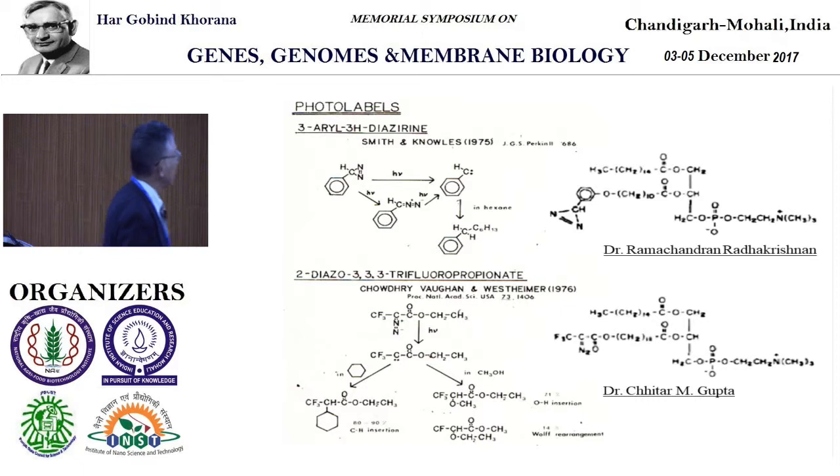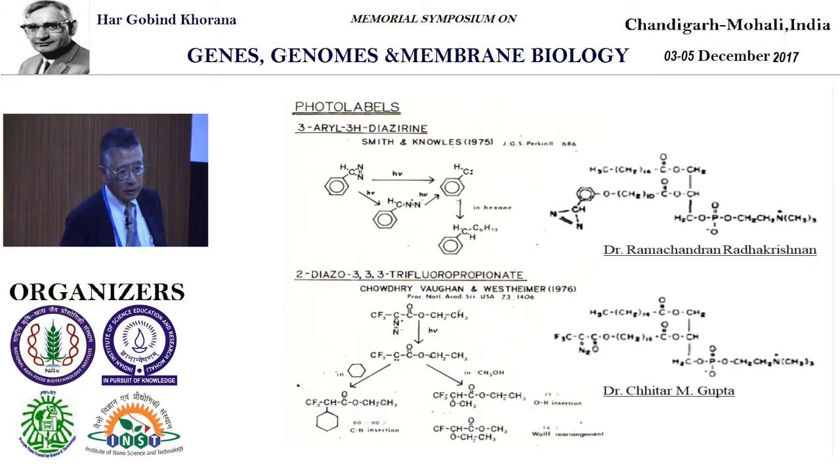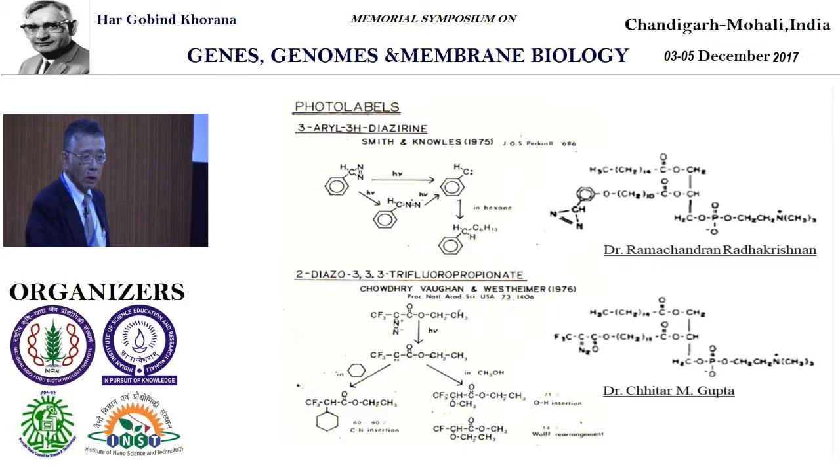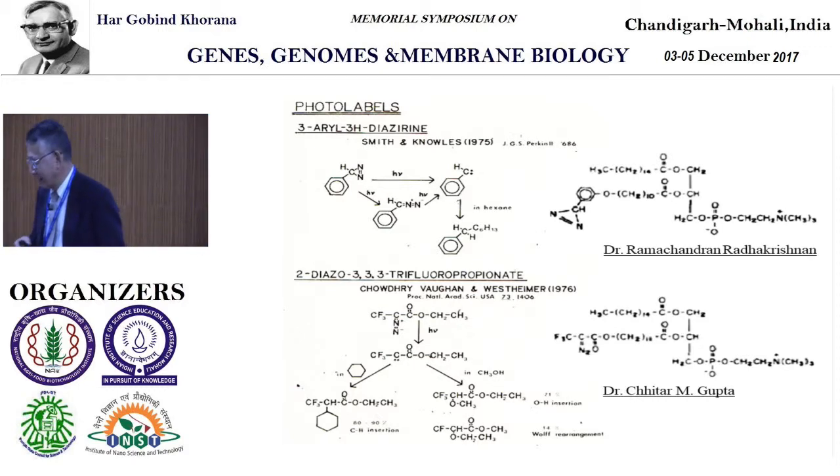I didn't know until a few hours ago that when he synthesized these radioactive compounds, the firefighters and radiation protection officers were standing by just in case an explosion happened, because he used radioactive phosgene. I didn't know that until today. So it was a very dangerous project, to say the least.